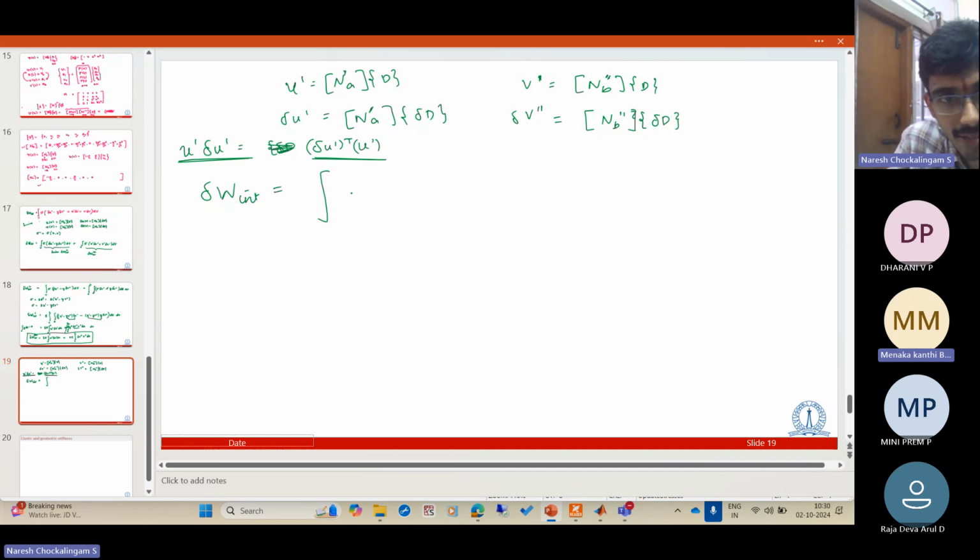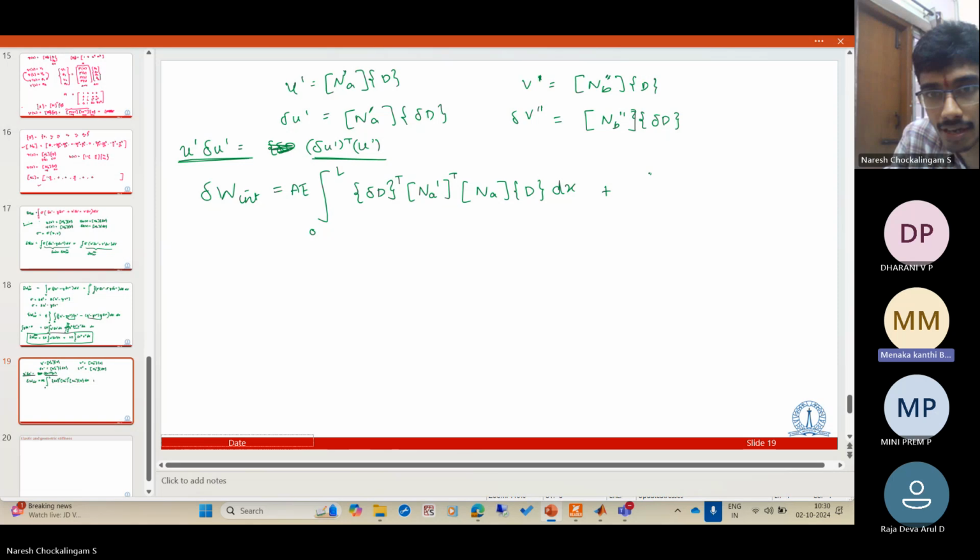So here, let me write this as del u dash transpose u dash, which is AE times del D transpose NA dash transpose NA dash D, integrated over the length. Similarly, the second term, integral 0 to L EI, del v double dash times v double dash.